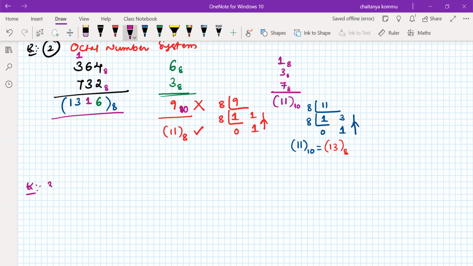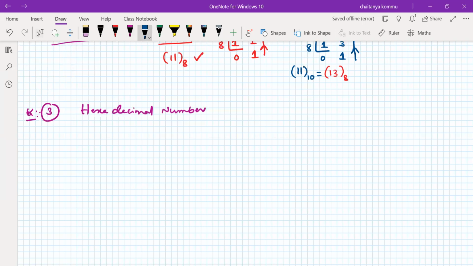Example number 3, hexadecimal number system. Now, what we do here is, for example, 7BA and 2CB.